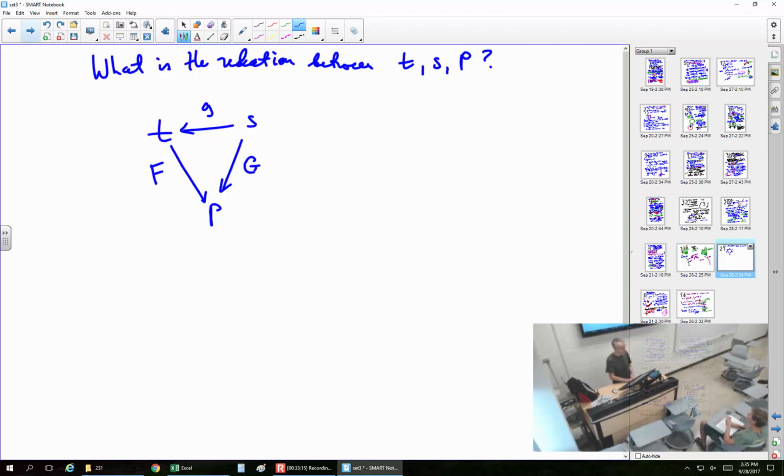Okay, I'm not sure if you've seen diagrams like this before. It is not just establishing the functional relation between the quantities, the variables, but it also indicates compositions. So g, as we build it, is the composition of f and g. Okay, so g followed by f. So these are called commutative diagrams.